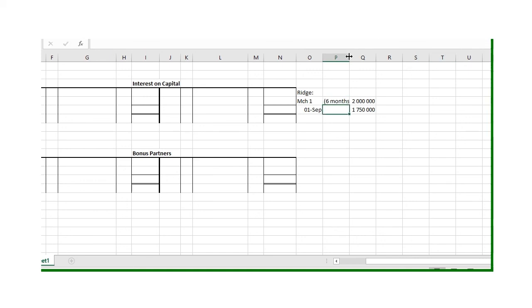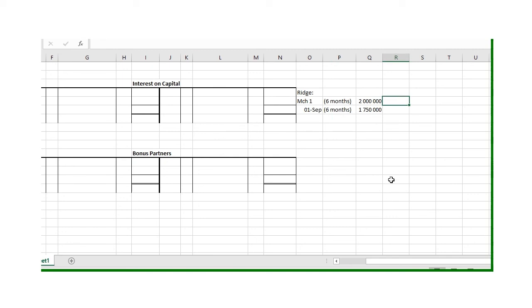And then for the second period from 1st September till the end of the year, he had 1.75 million. So again it should be 6 months: September, October, November, December, January, February. So another 6 months. Good. So in the next part, we will do the actual calculation.